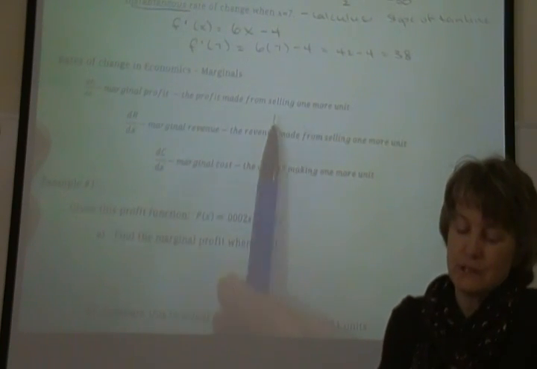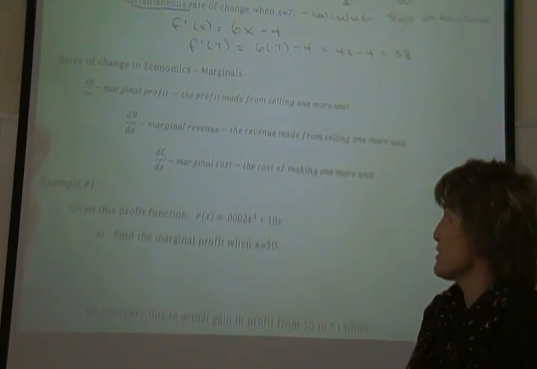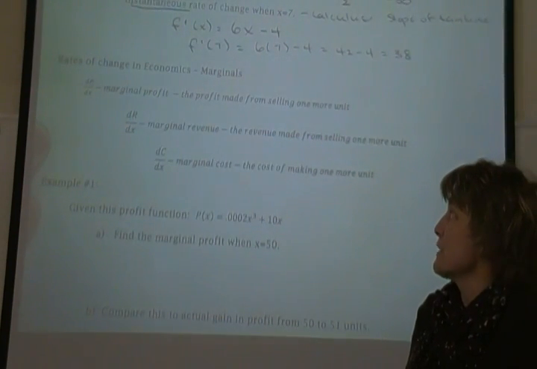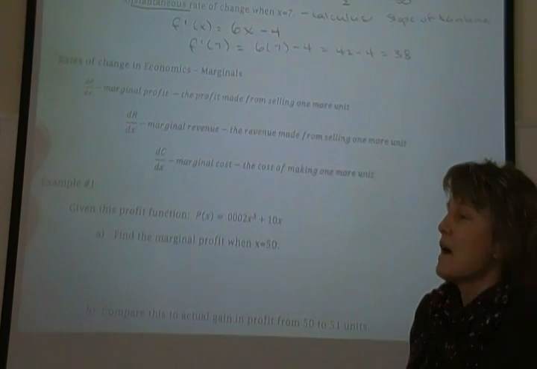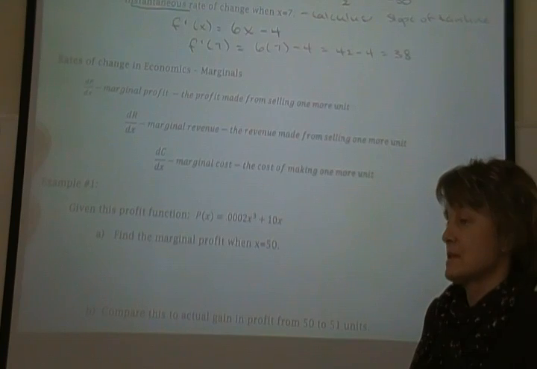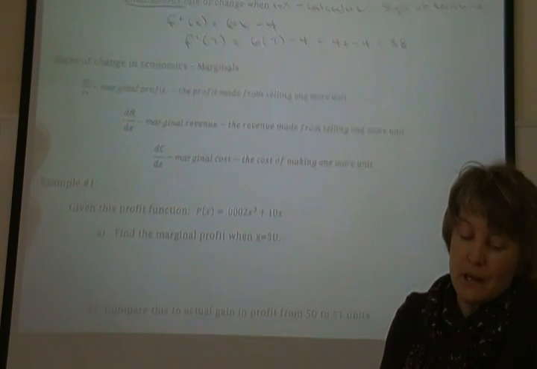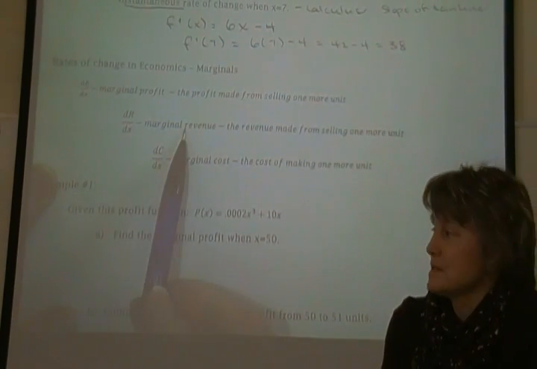So in other words, if I am evaluating dP dx when x is 100, marginal profit would be the profit I'm going to make from selling 101 units, that next unit. One more unit than I've been selling. Marginal revenue, same idea.